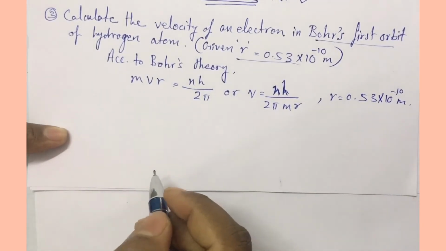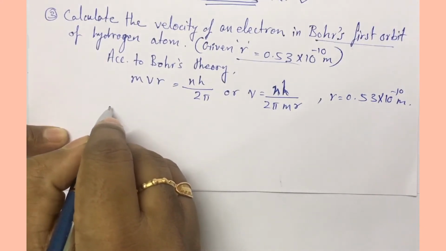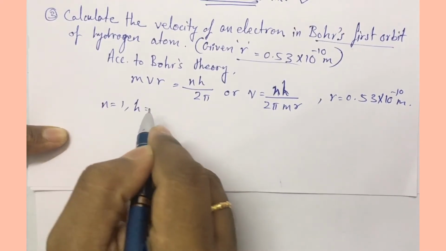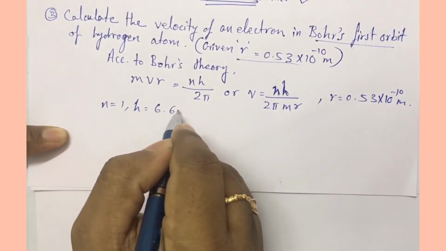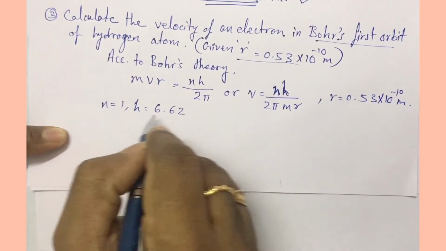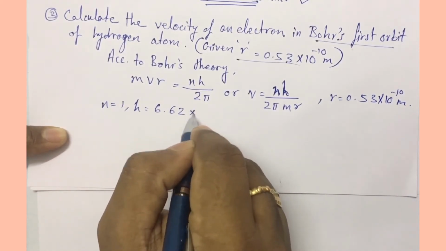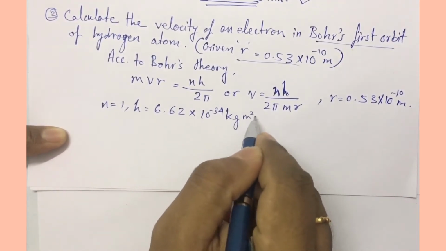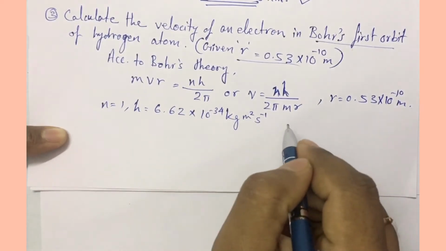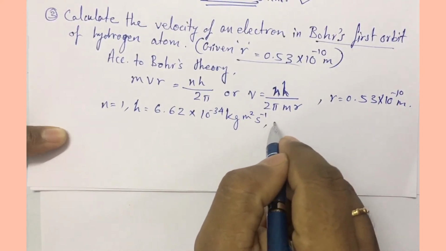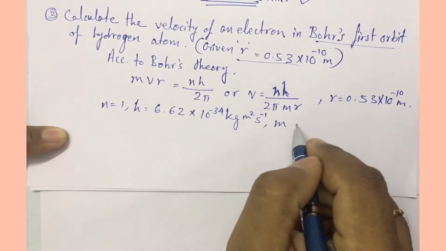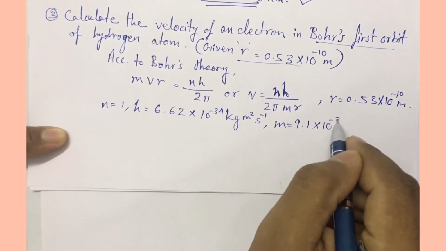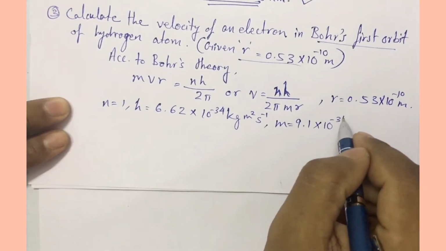Now n is equal to 1 and h we know, h is Planck's constant, 6.62 into 10 raised to minus 34 kilogram meter square second inverse, and m is mass of electron, that is m is equal to 9.1 into 10 raised to minus 31 kg.